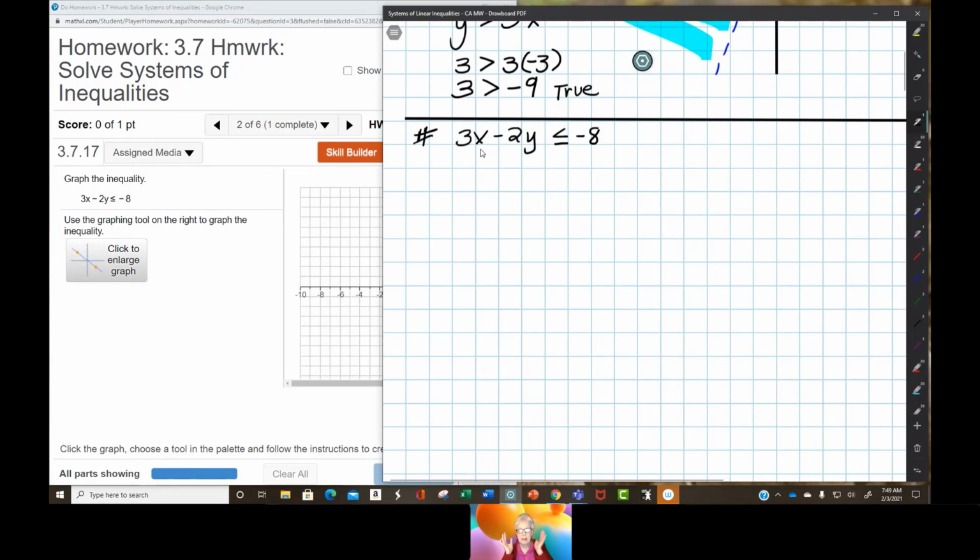Okay. Now, again, the first thing I'm going to do is change this inequality sign to an equal sign and just graph the line. That's the very first thing I'm going to do.